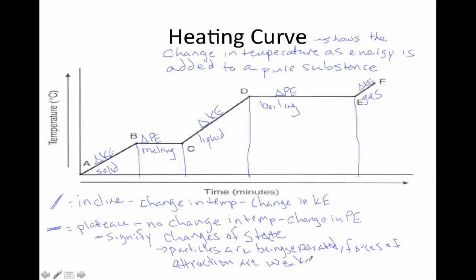And on the incline, what's actually happening with those changes of temperature, remember when we said that kinetic energy is the speed of the molecules. So on a heating curve, as you're adding energy, the molecules are speeding up.